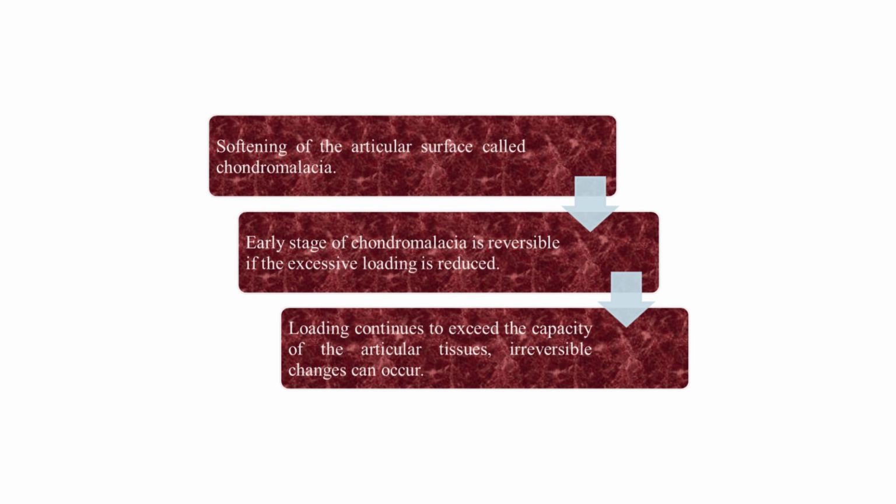So what is chondromalacia? It's softening of the articular surfaces. So in the early stages of chondromalacia, if these excessive loads are removed or reduced, the process becomes reversible. Okay, but if it keeps exceeding, then irreversible changes occur.